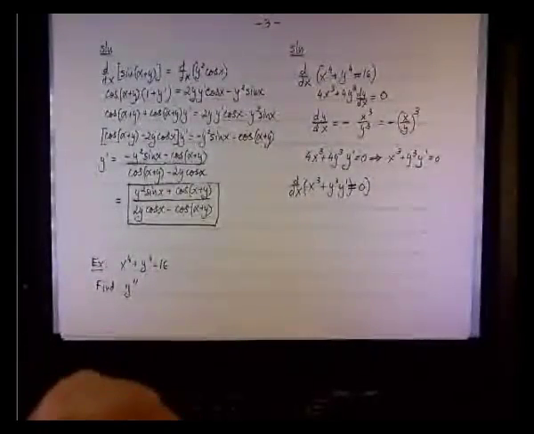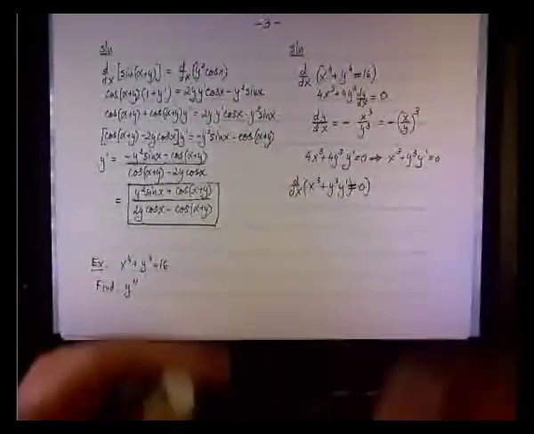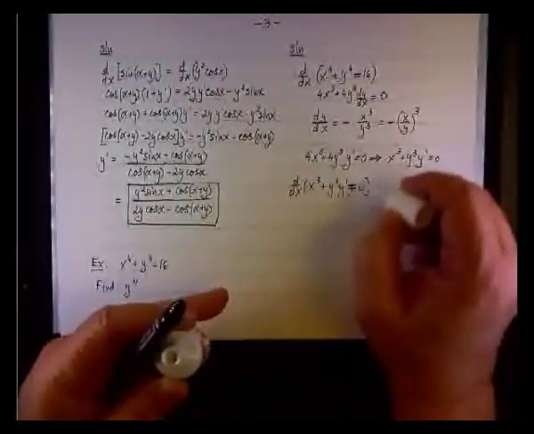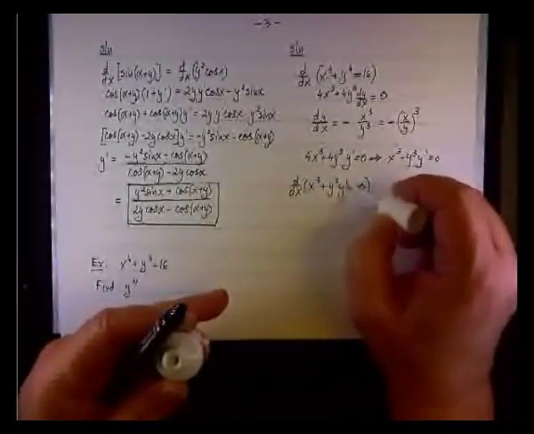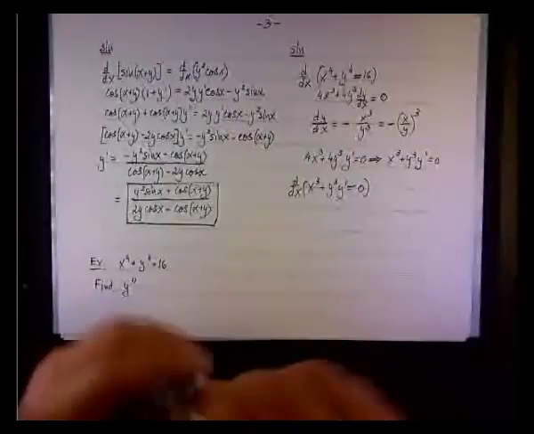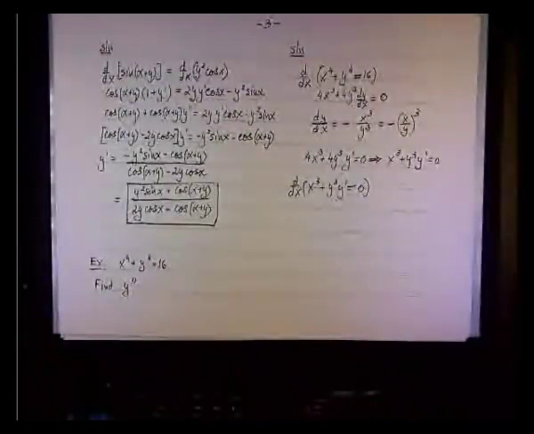So let's see what happens when we differentiate one more time. You'll find out that we end up having both y prime and y double prime in the mix.